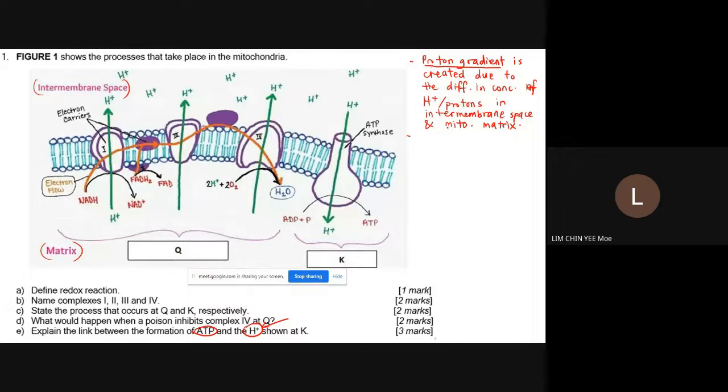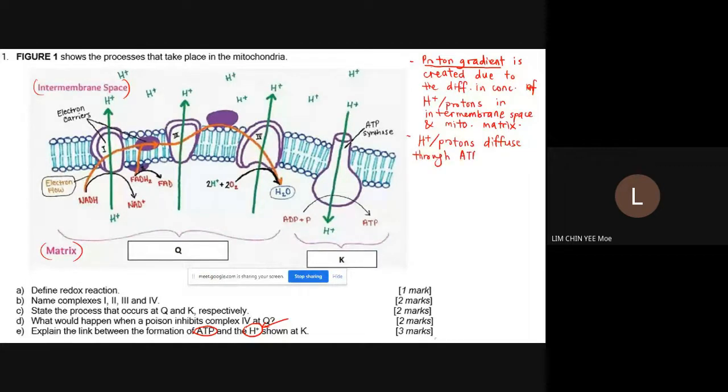So the next one, protons buat apa? H+ go down the concentration and activate the ATP synthase. But you have to tell through what? Get down the concentration gradient through what? ATP synthase. Very good. Yes, good job. So kita cakap protons diffuse through ATP synthase.